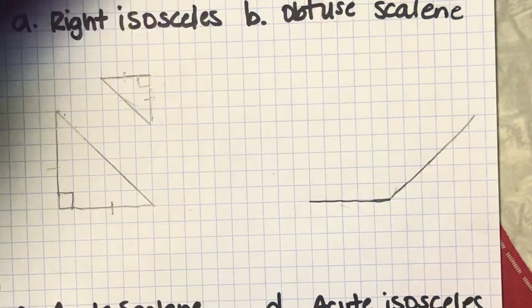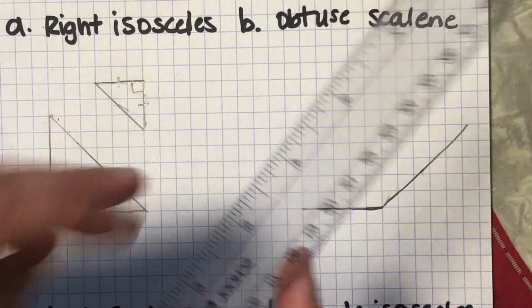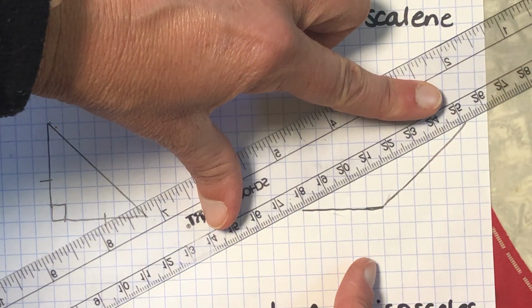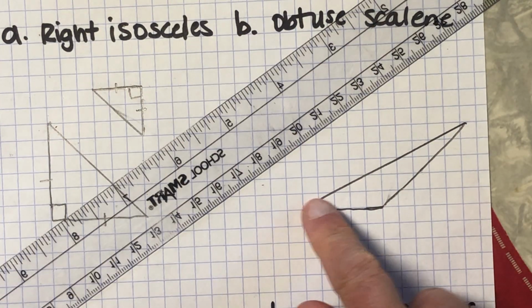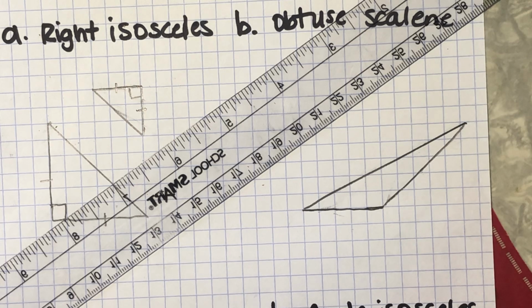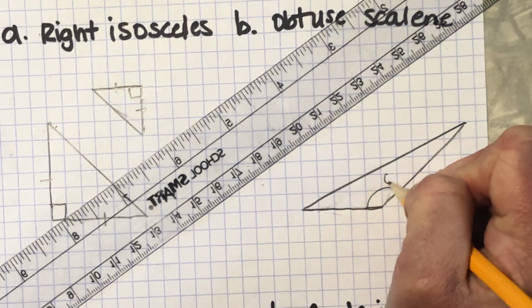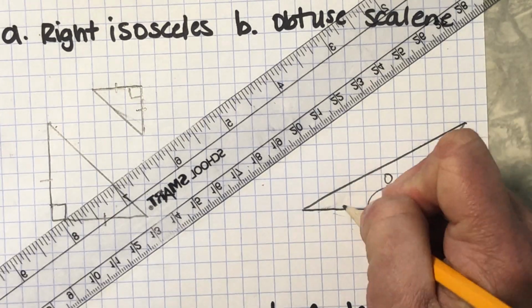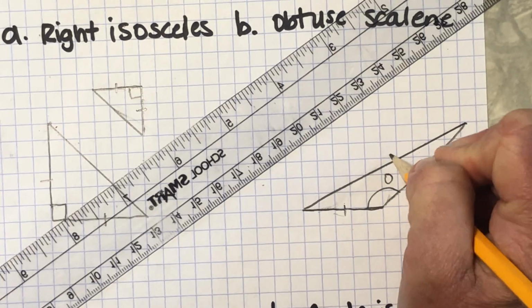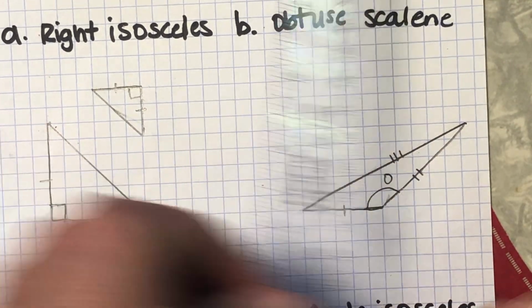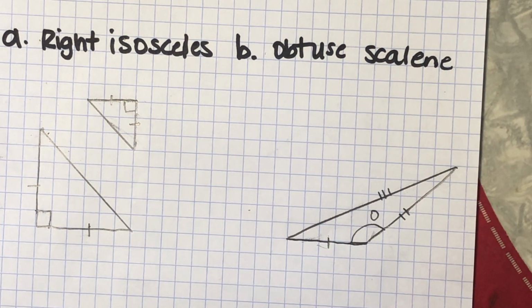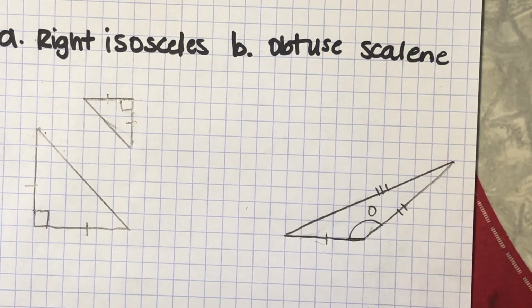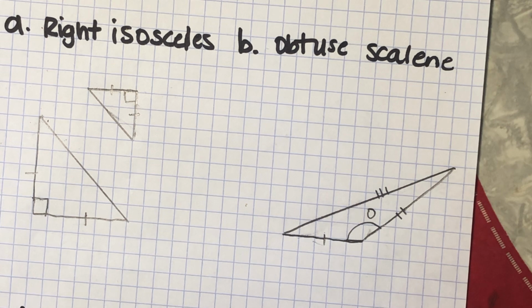This one's definitely shorter. Then I'm going to connect my 2, and I can see that this side is definitely bigger than either one. I'm going to draw my obtuse arc, write an O, and show all 3 sides are different. So I have followed the criteria again to make an obtuse scalene. Criteria meaning I don't get to just draw whatever kind of triangle I want. I have to make it specific based on these classifications.